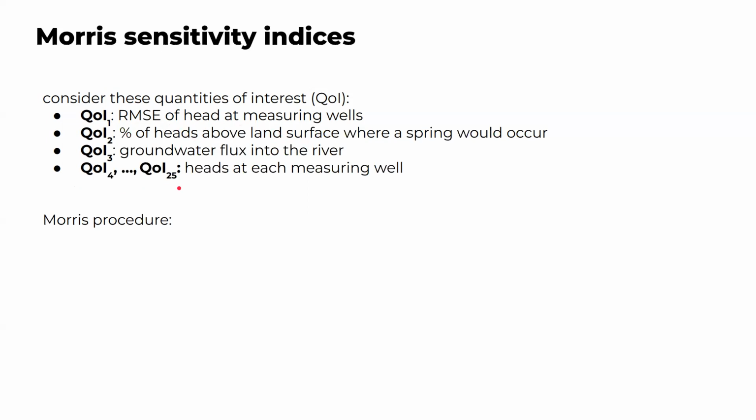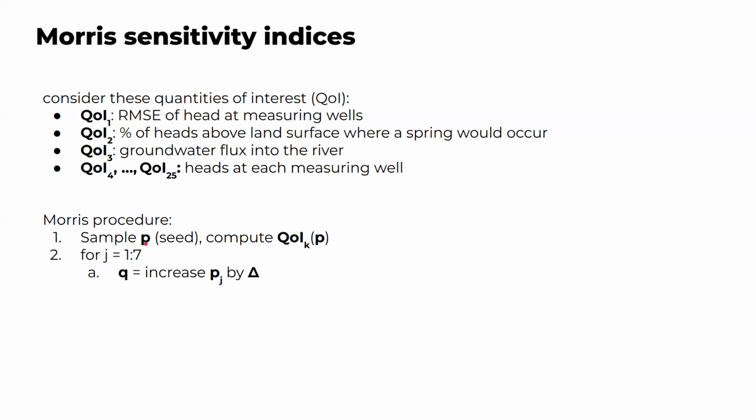So how do you compute Morris indices? You start from a random value of the parameters, and you compute the quantities of interest, and then for each parameter, starting from P, you increase, say, the first parameter by a certain delta. You get a new sample in the parameter space. You compute the new value of the quantity of interest.